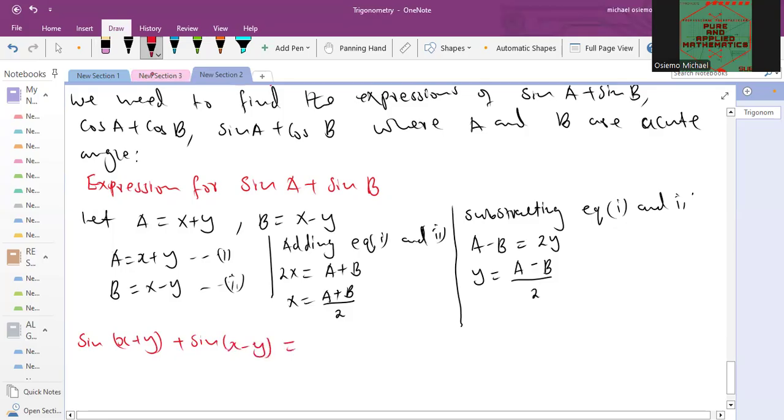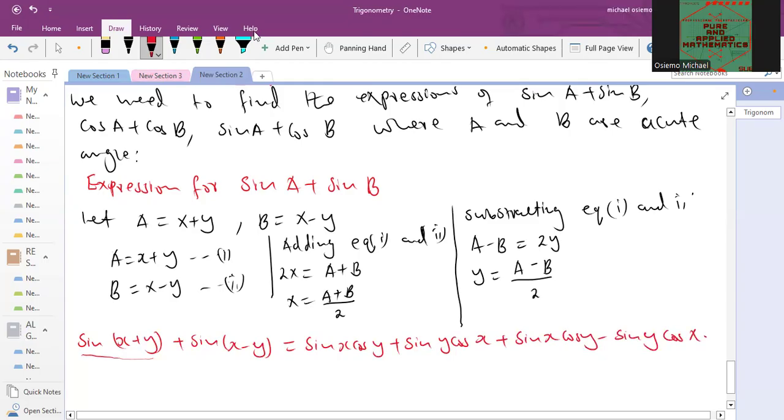If you expand this using the compound angle formula for sin, we shall have sin x cos y plus sin y cos x for the first set. Then the second set shall have plus sin x cos y minus sin y cos x.